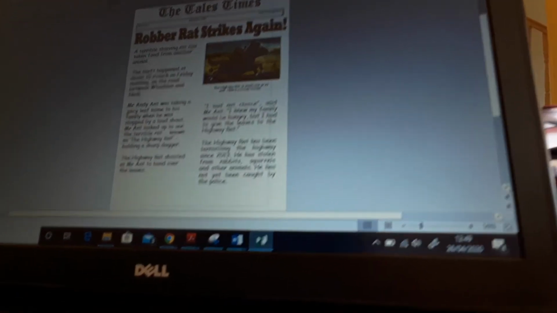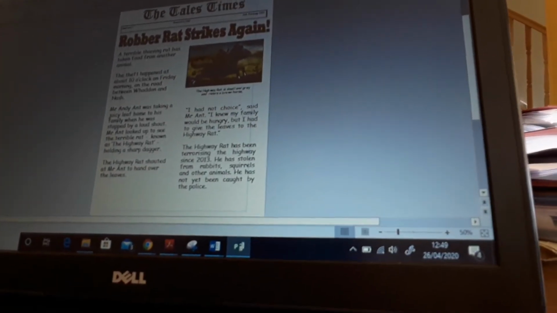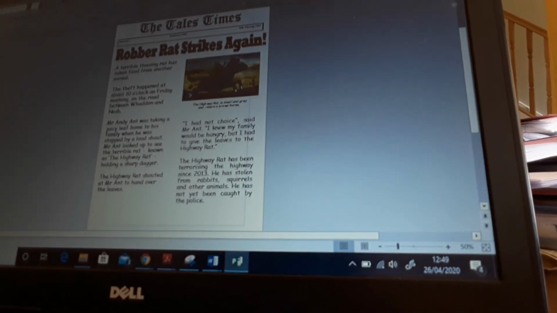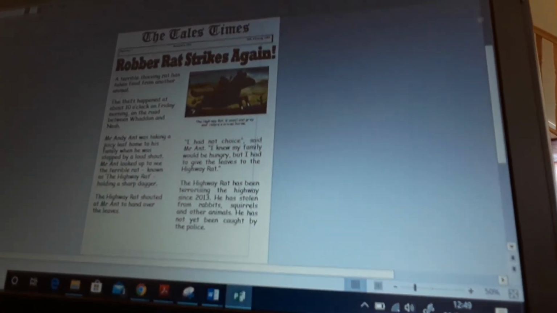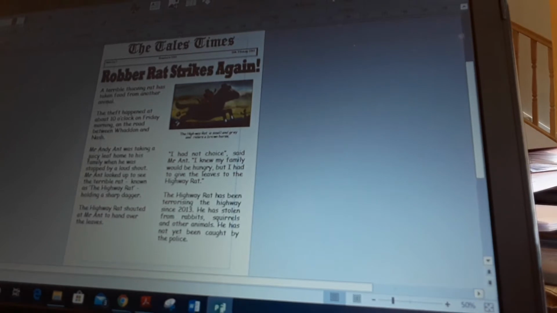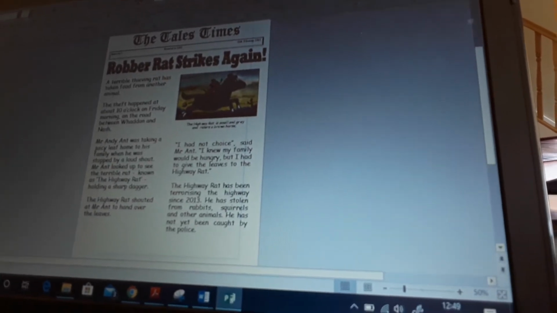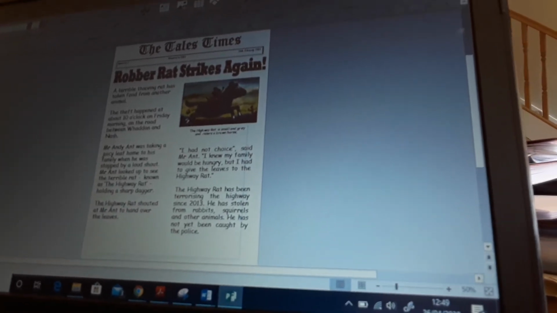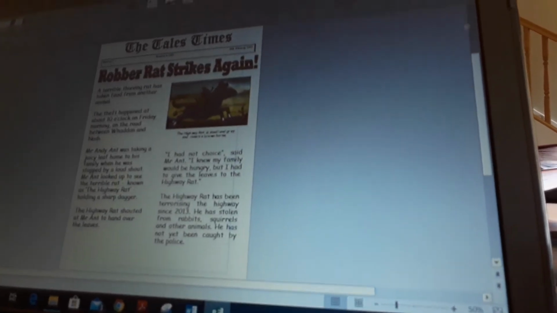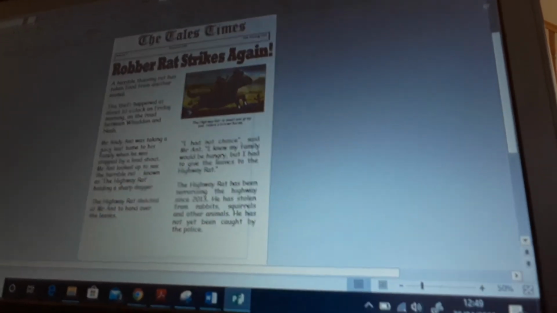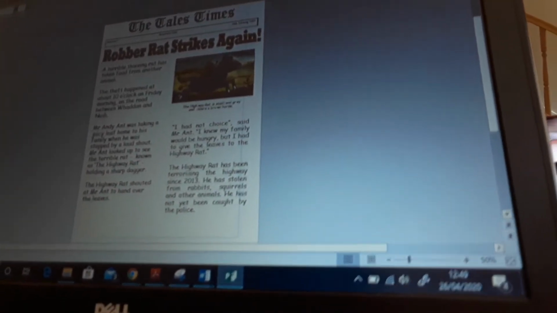Mr. Ant looked up to see the terrible rat, known as the highway rat, holding a sharp dagger. The highway rat shouted at Mr. Ant to hand over the leaves. "I had no choice," said Mr. Ant. "I knew my family would be hungry, but I had to give the leaves to the highway rat."